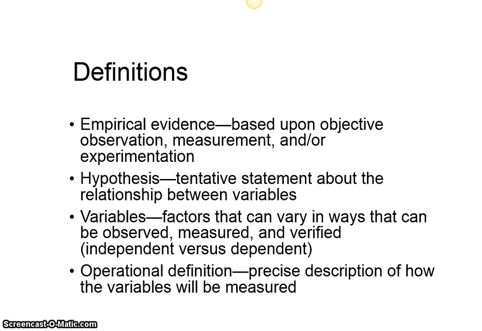So for example, if our testable hypothesis is that people who report lower self-esteem also score higher on a depression scale, depression is operationally defined by the score on a Beck Depression Inventory, for example. And this is a standardized instrument that has been validated to test depression.